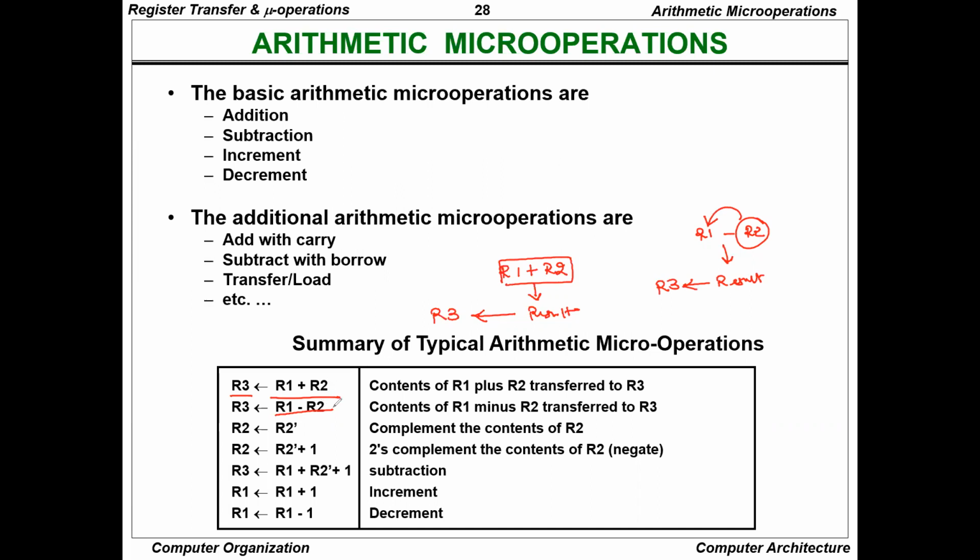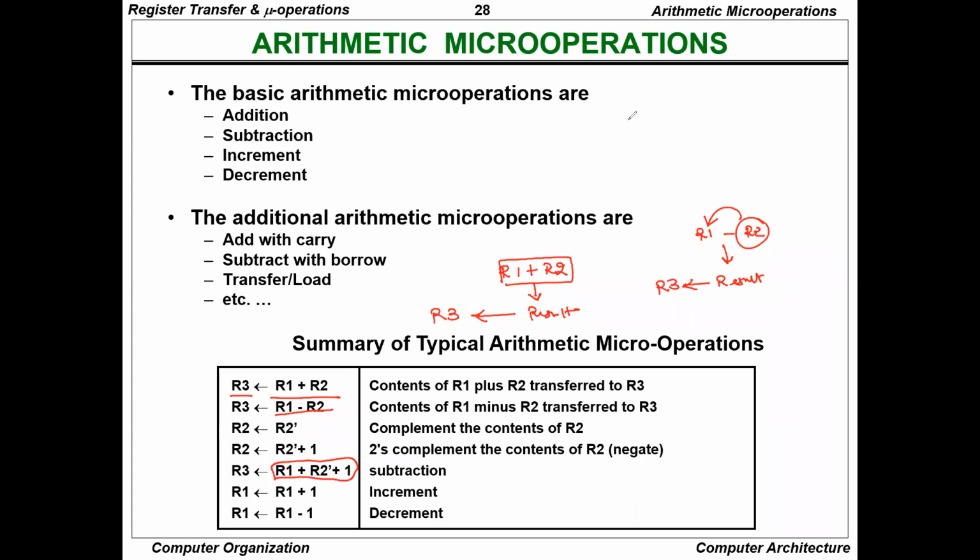But in certain cases we do not have a direct subtraction, हमें direct subtraction allowed नहीं होती है. So how we achieve the subtraction, that is given in here. ये थर्ड पॉइंट पर हमें बताया गया है कि if you cannot perform the direct subtraction, then you can perform it like this.